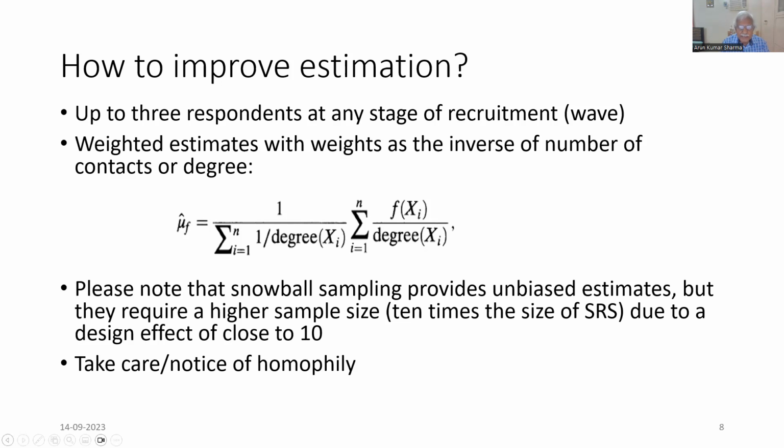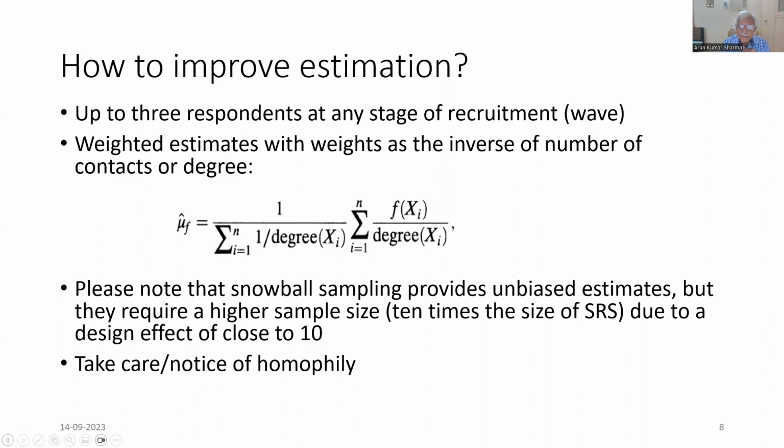Means if you take two samples of the same size, one snowball sampling, another simple random sampling, then the variance of snowball sampling is 10 times the variance of simple random sampling. Simulation studies show this. So that means if you want a snowball sampling which is as good or as efficient as a simple random sampling, you must go for a higher sample size.